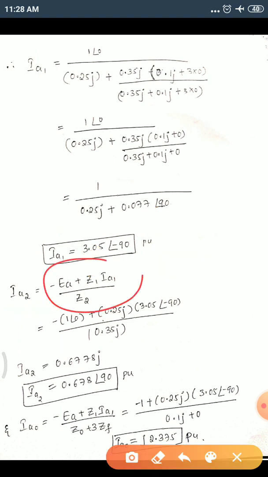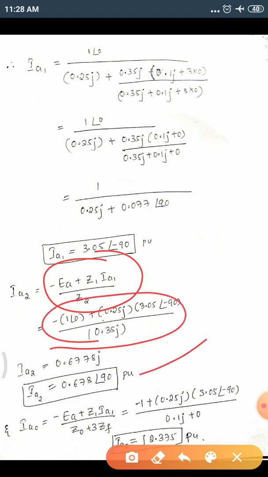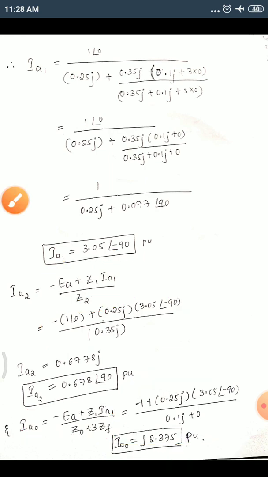The formula is minus EA plus Z1 IA1 divided by Z2. You know all the values, substitute them and you get the answer. Similarly, IA naught, the zero sequence component current of that machine, can be calculated by using this formula, and you get this answer.